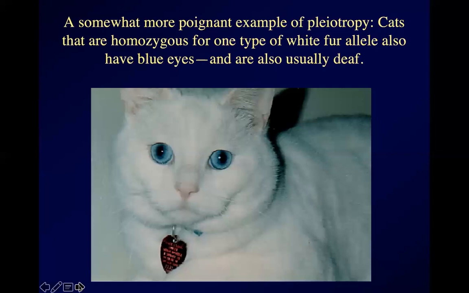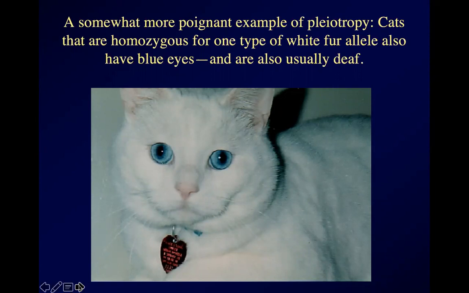And by the way, if you were to cross a black cat and a white cat like this, you would get white offspring because the white allele interacts epistatically with pigment and basically cuts off the cat's ability to make any sort of pigment at all. But that doesn't mean white is dominant to black, because black and white are two different genes. It means that white has epistatic effects on black.